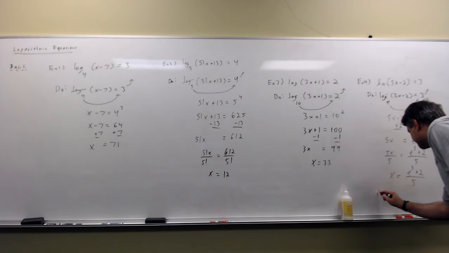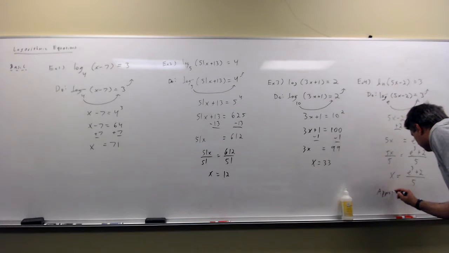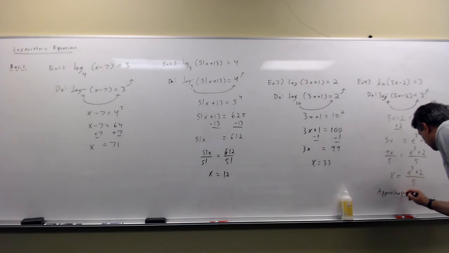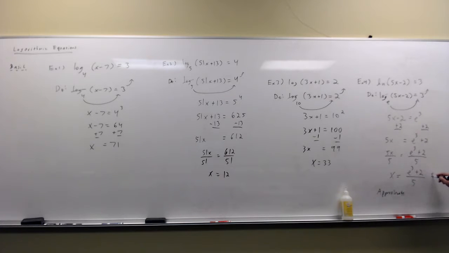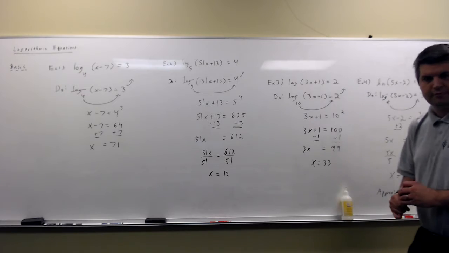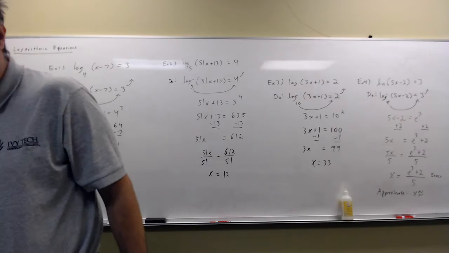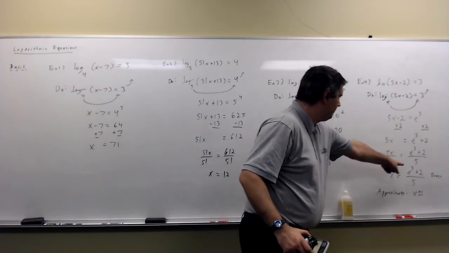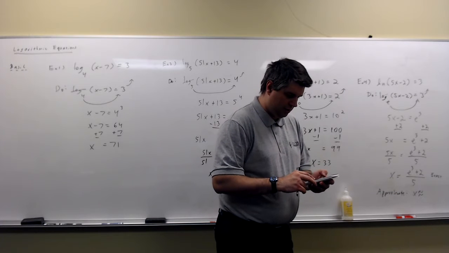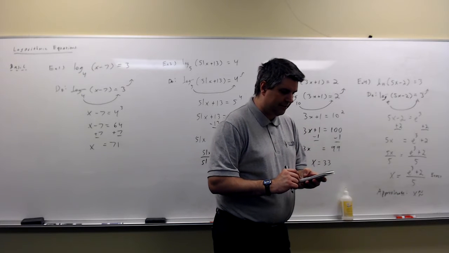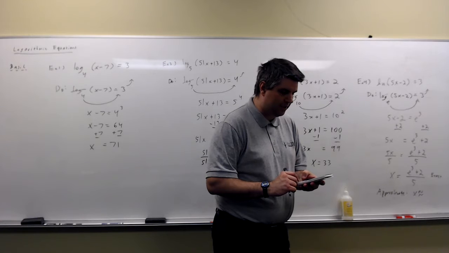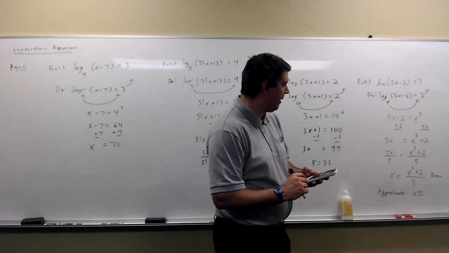So this is exact. This is approximate. x is approximately equal to, I'll take e cubed, I get 20.0855, and so on.